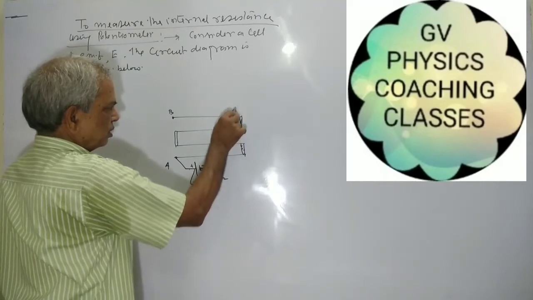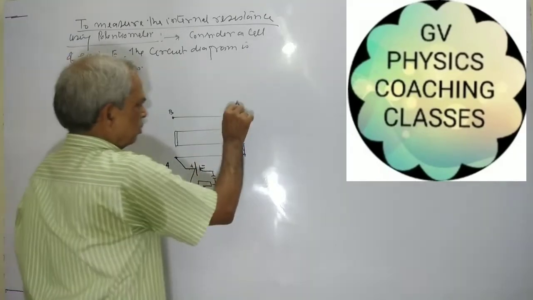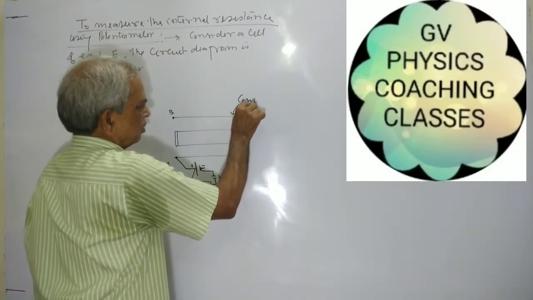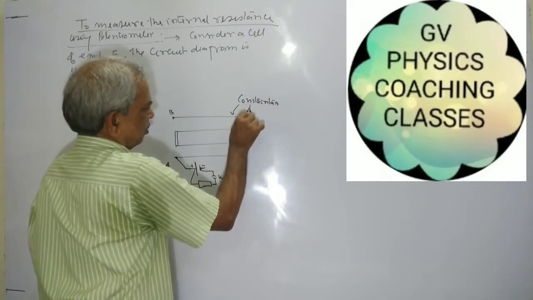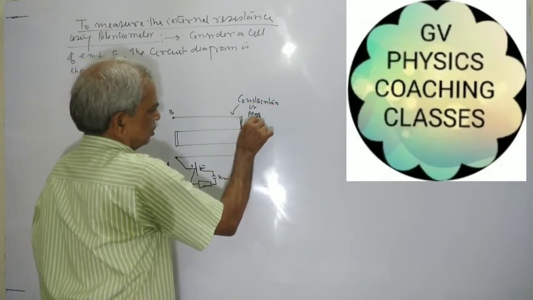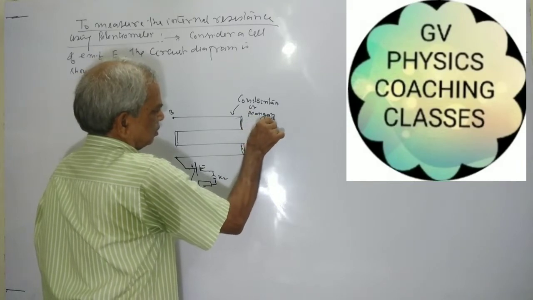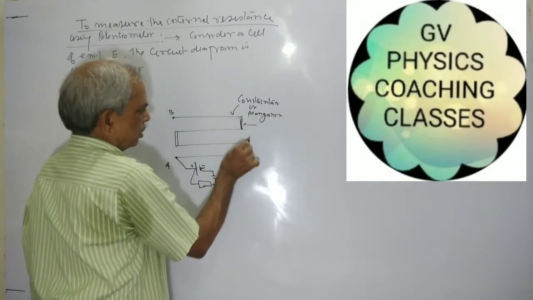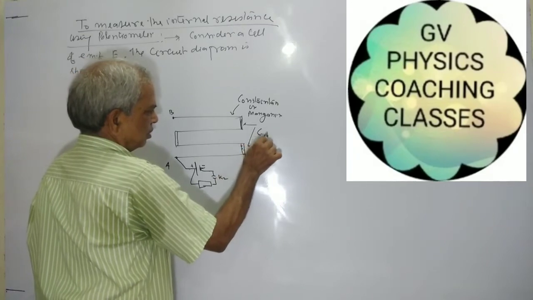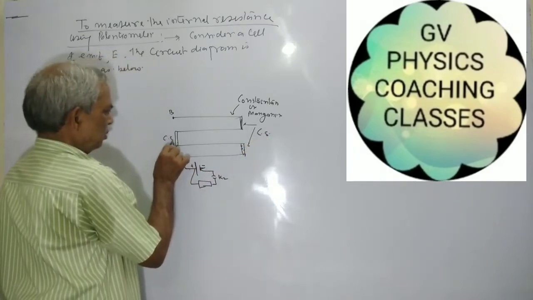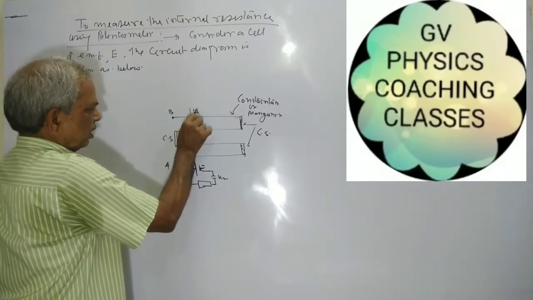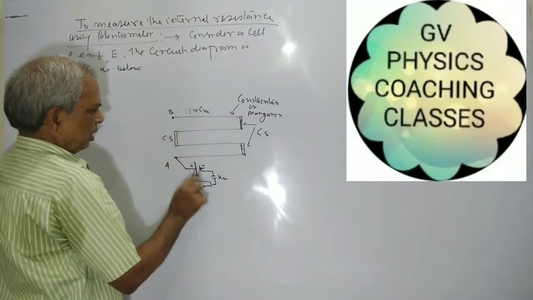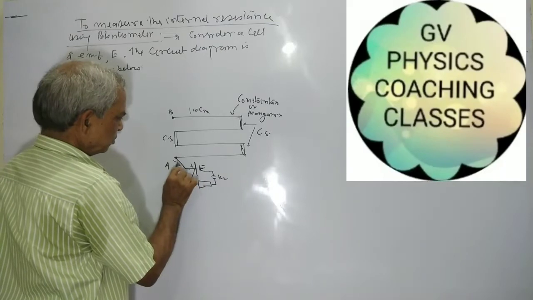This wire is constantan or manganin. These are copper strips. The length of this wire is 100 centimeter, and there is a scale also.